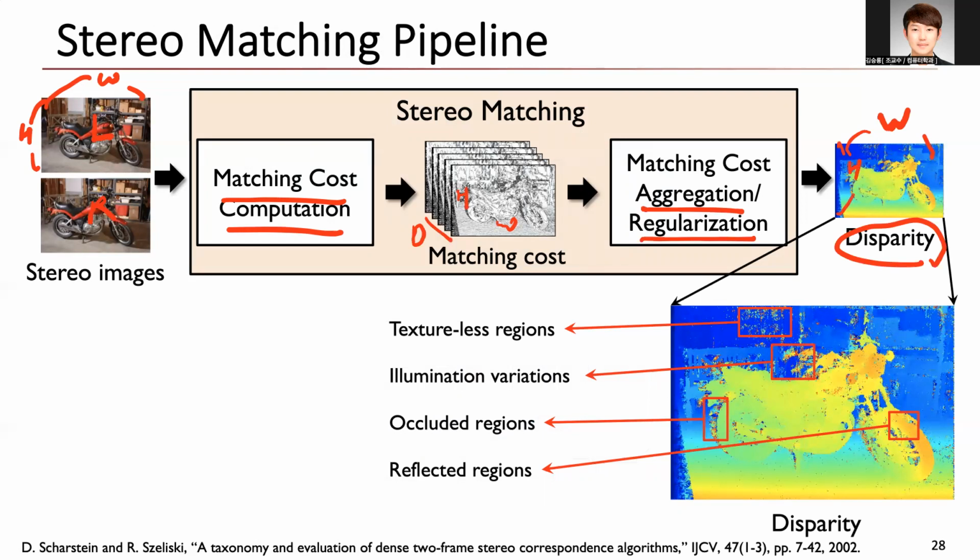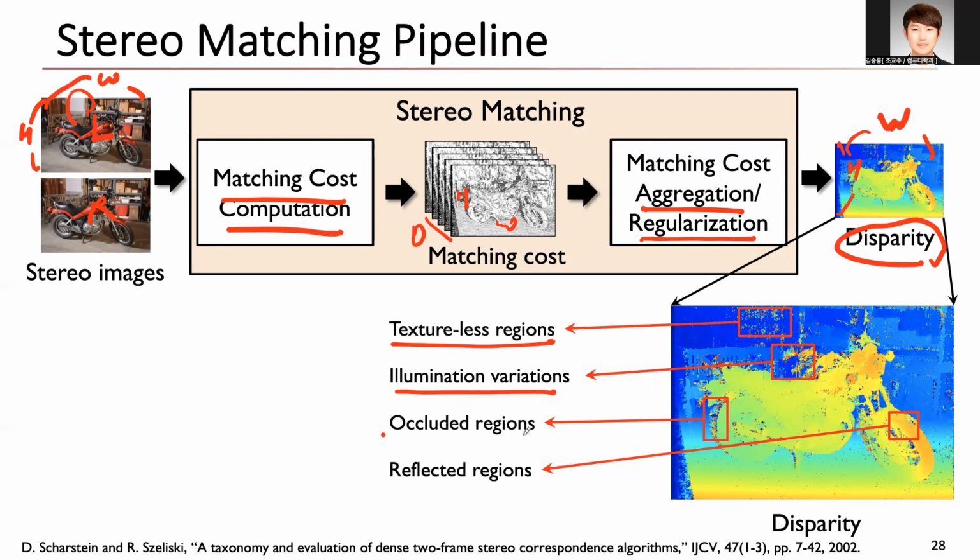This stereo matching is the very first approach because it tries to resemble the human eye process. But because it is only based on matching between left and right images, there are many challenges: textureless regions, and illumination variation, because even though we take left and right images simultaneously, due to many factors, for example the camera settings, there may be illumination variation between the left and right images.